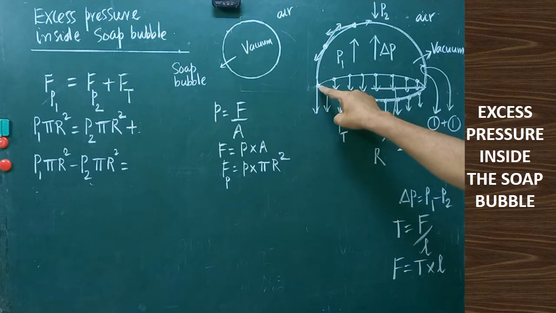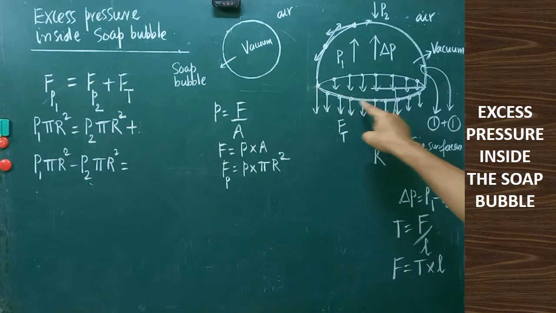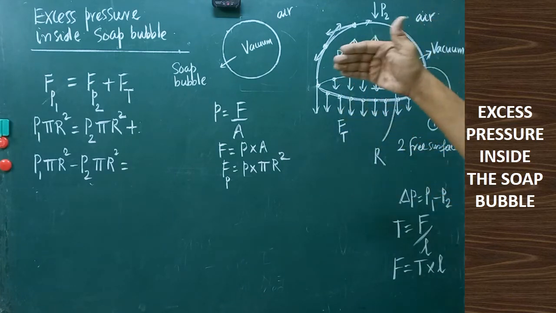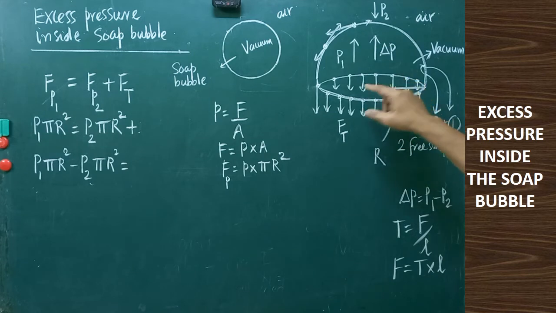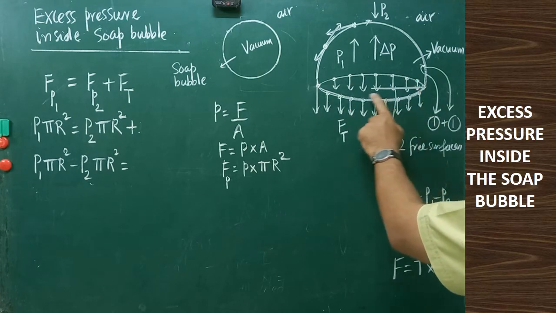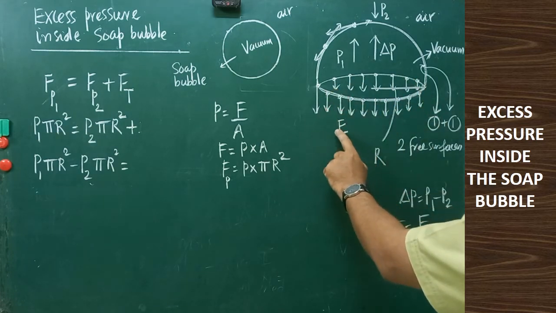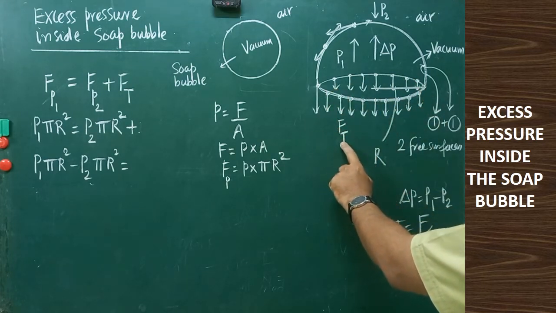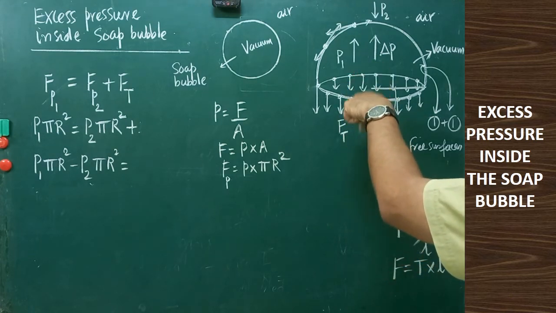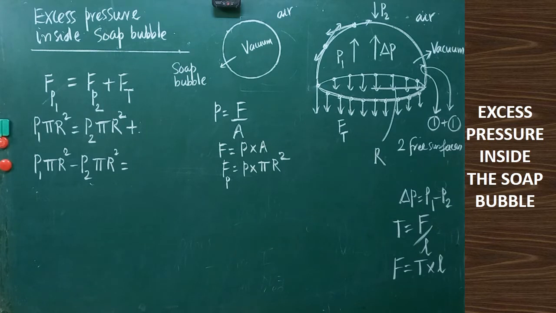The remaining molecules are present on the rim, the circumference of the soap bubble. Are you clear? If you cut the soap bubble into two, in the circumference area of the lower hemisphere, a large number of molecules are there. On each one of them, forces are acting due to surface tension. They are all acting in the downward direction. They are all tangential forces. Are you clear?